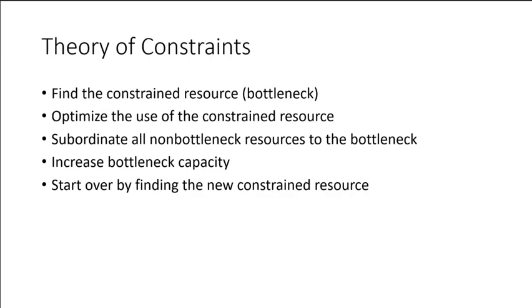So you might as well stay shopping, or you might as well not have things move from production into the bottleneck until the bottleneck is open or ready to go. Then after you've done those two things and it's still a bottleneck, you need to increase the bottleneck capacity: add checkout lines, add machines. Once that has happened and it is no longer a bottleneck, there will be another bottleneck. This is a constant process. You find where things are getting backed up, you speed that up, you make it better, and then someplace else.